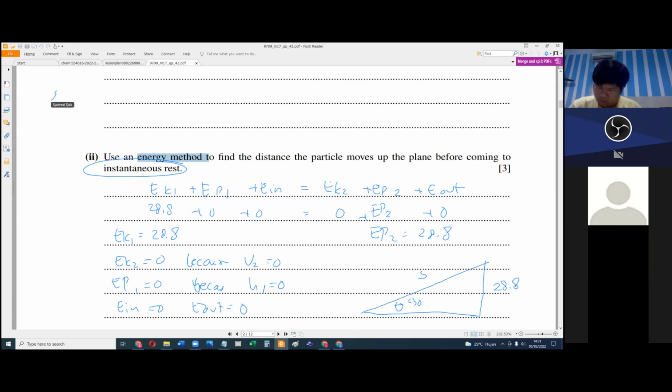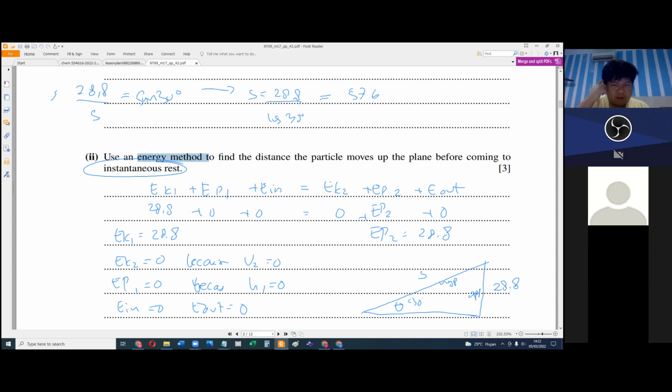From the definition of sine, we have 28.8 over the distance S equals the sine of 30 degrees. The definition of sine is opposite over hypotenuse. This is the opposite, this is the hypotenuse. So S is 28.8 divided by sin 30 degrees. Use your calculator, you will get 57.6.